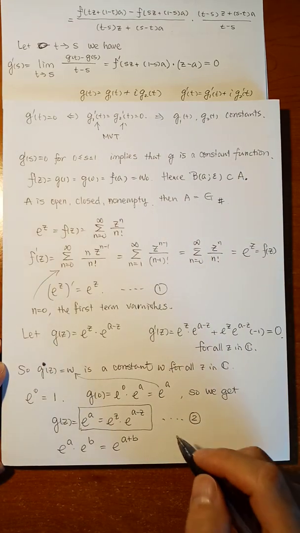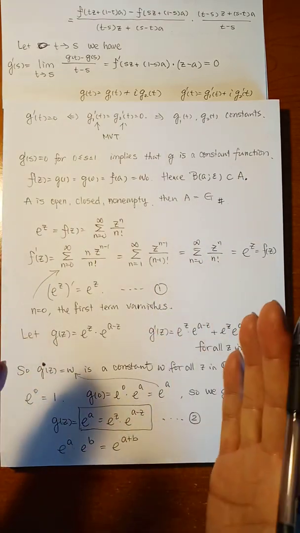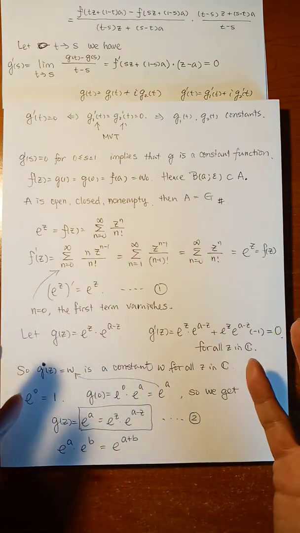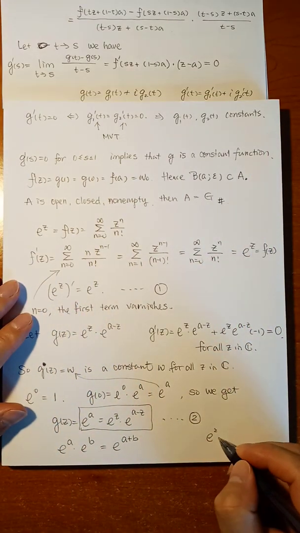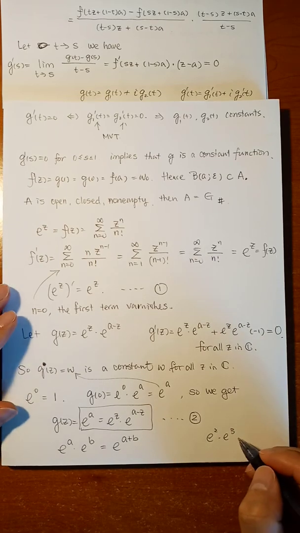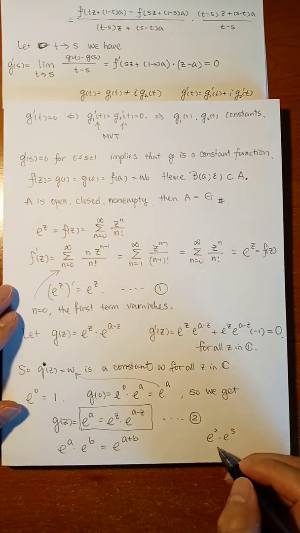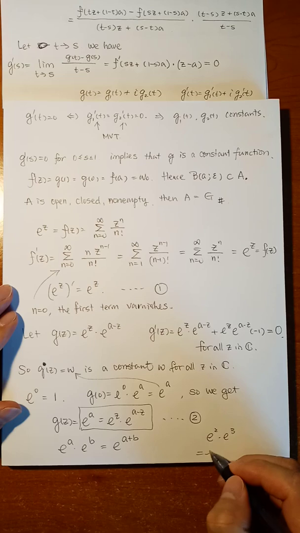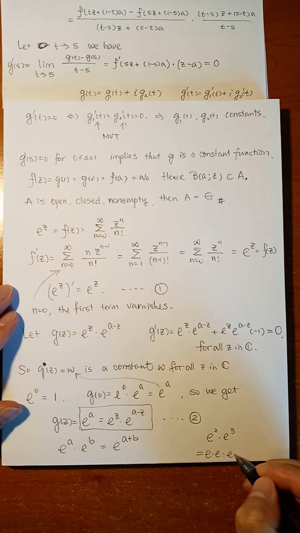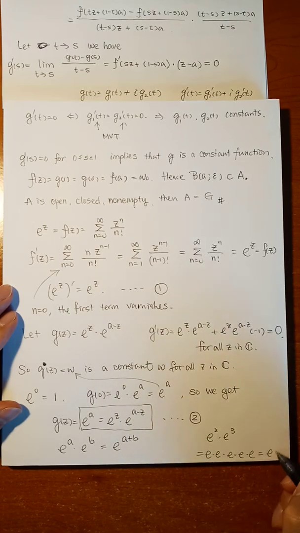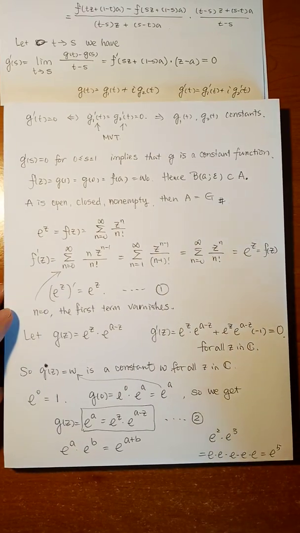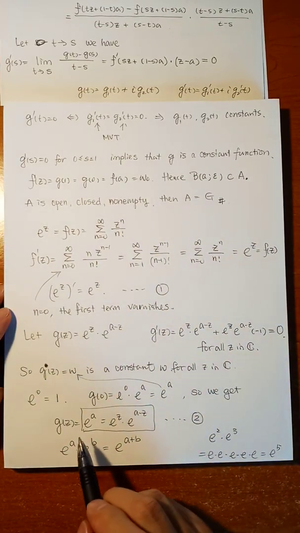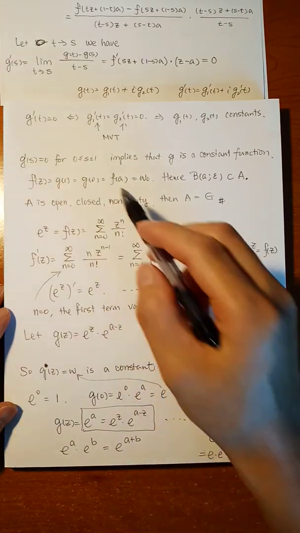But remember, this is not like the one term times the other term, like e squared times e to 3. It's not in that sense. Originally we believe this is e times e times e times e times e, so that's e to 5. That's the power idea, how we understand the power function. But here we define e to z as a power series.